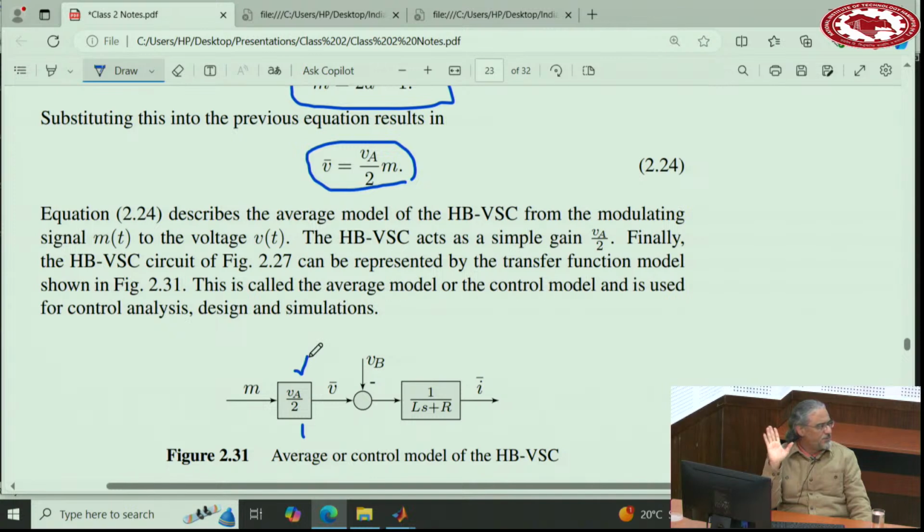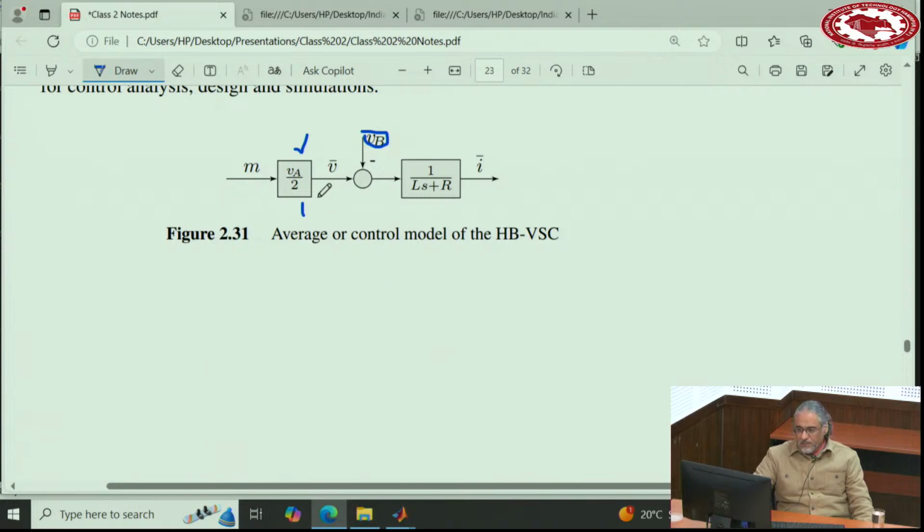Here this current can be positive or negative, because this voltage can be positive or negative. And as a result, this current can be positive or negative. And this voltage can be positive or negative also, because M is positive or negative.